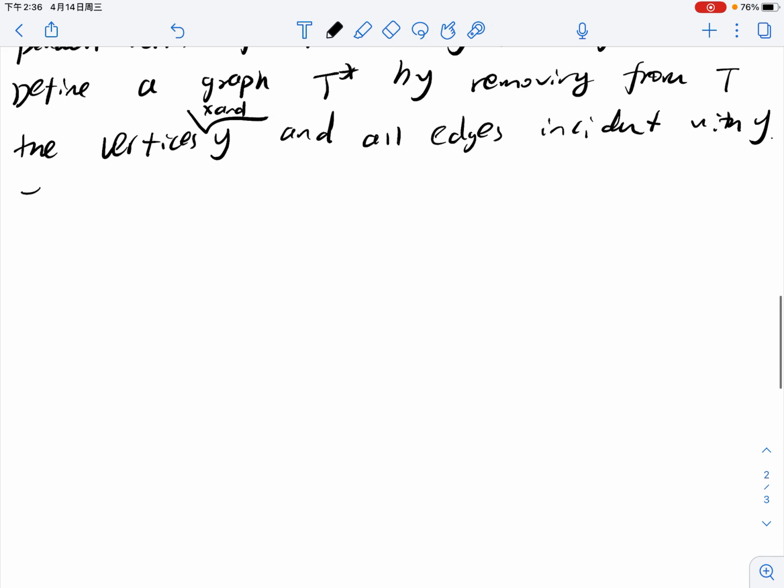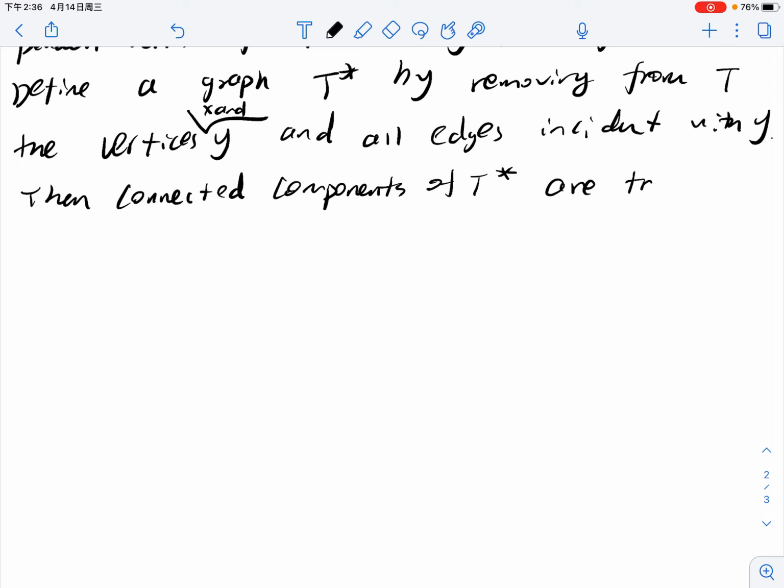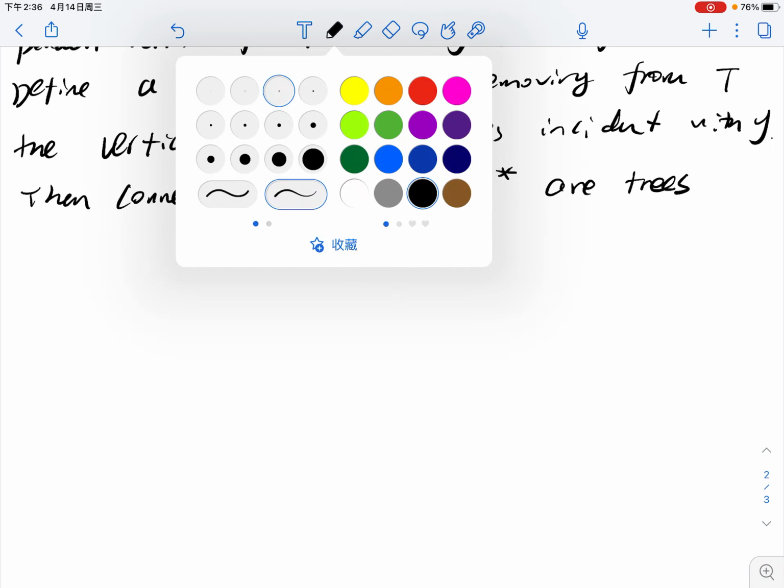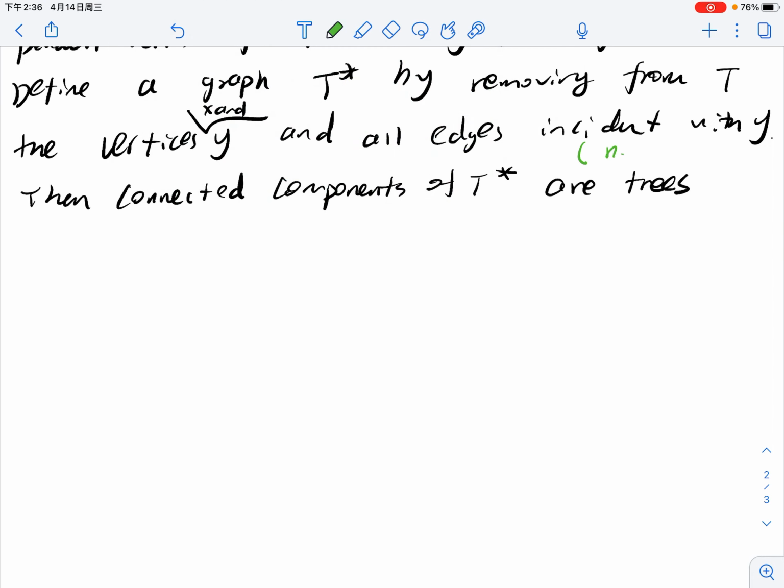Then T star might not be connected anymore. The connected components of T star are trees. This is because there are no cycles, and if a connected graph has no cycle, then by the theorem we discussed before, it must be a tree.